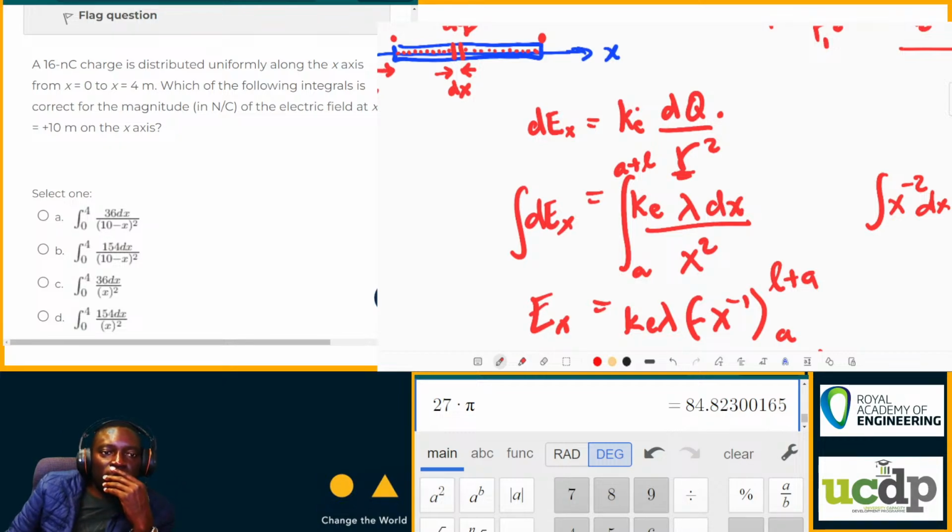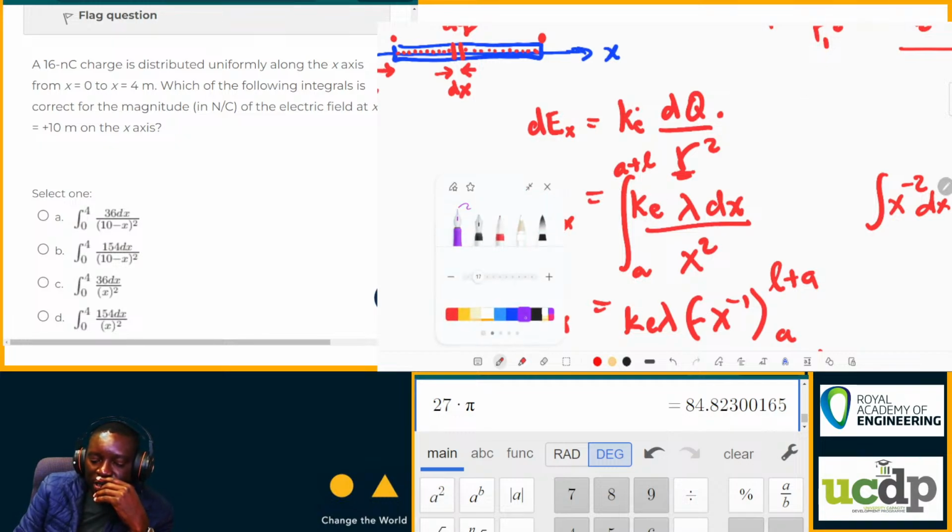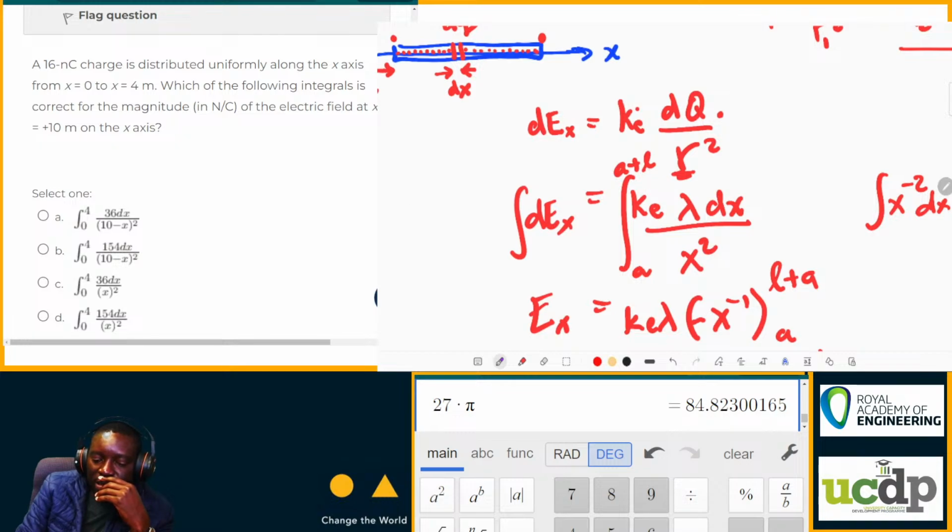So already the charge is a 16 nanocoulomb charge. And what else do we want there? To express KE, KE has been expressed in numbers. So you have your 9 times 10 to the 9 expressed there. And your lambda.